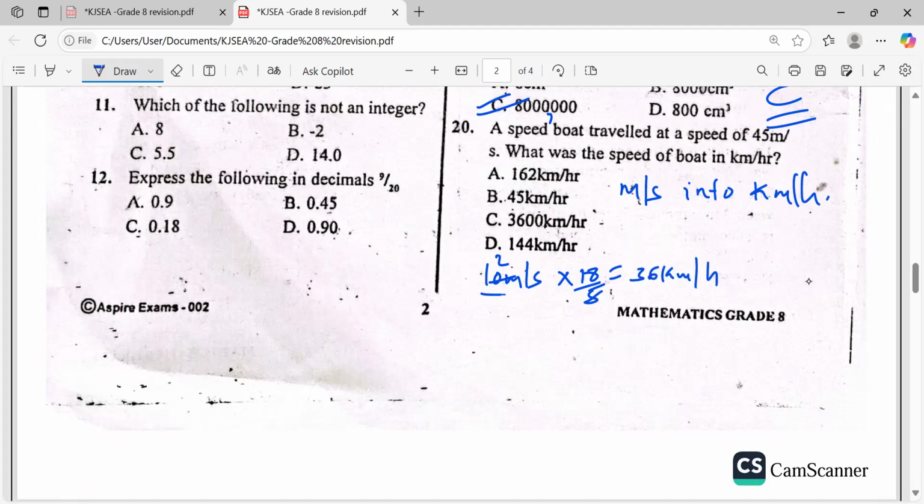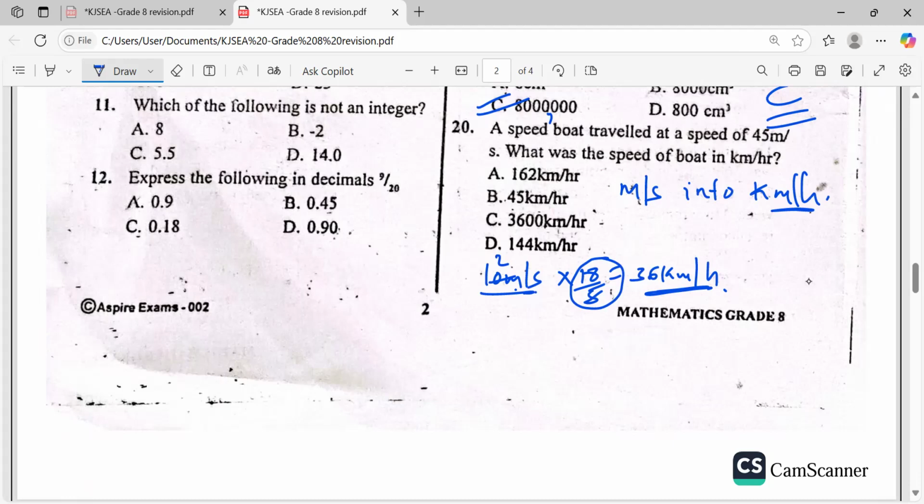So we are multiplying meters per second by 18 against 5, isn't it?